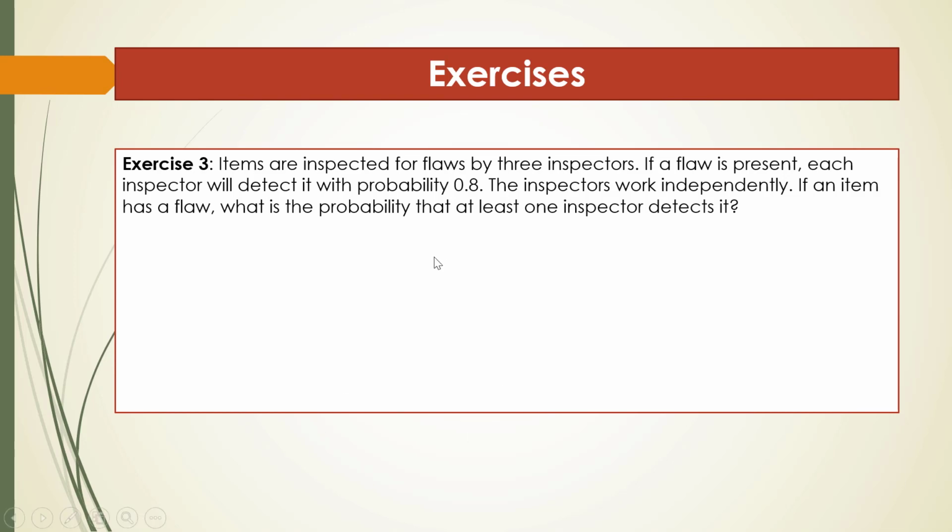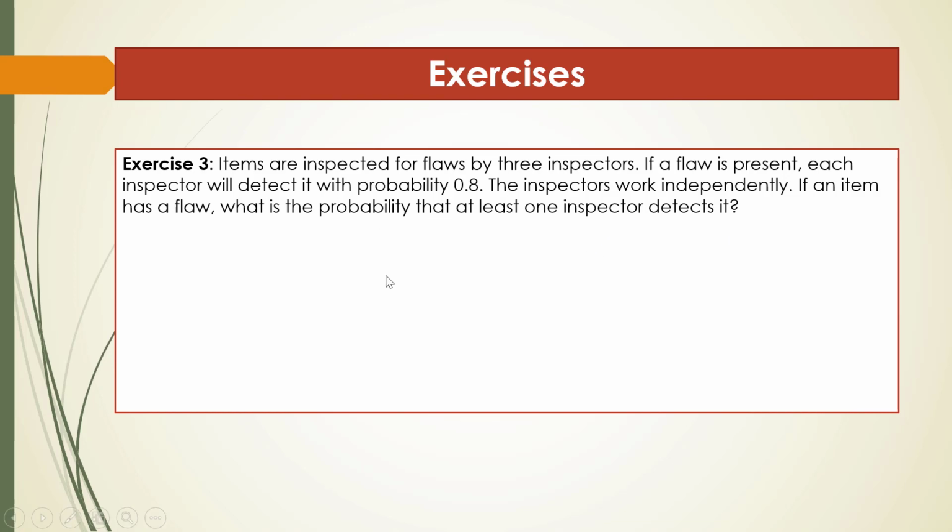So here, if you work with an at least event, usually the technique is using the complement rule. Here is how I solve the problem. The probability that at least one inspector detects the flaw is 1 minus the probability that none of the 3 inspectors detects the flaw.